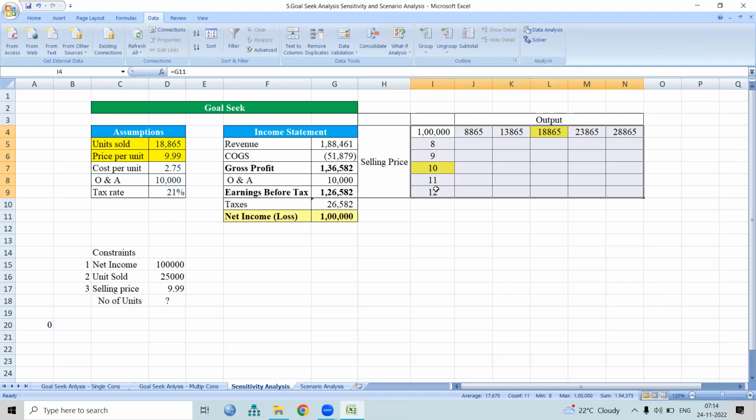So for applying sensitivity, first we must select the data, which is basically from I4 to N9. Okay, that's a reference range. Then we go to the data menu. In that, choose what-if analysis. In that, select data table.